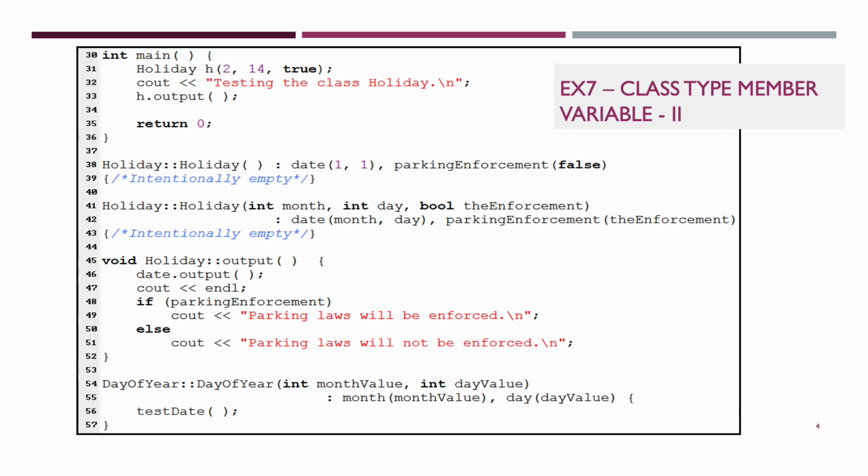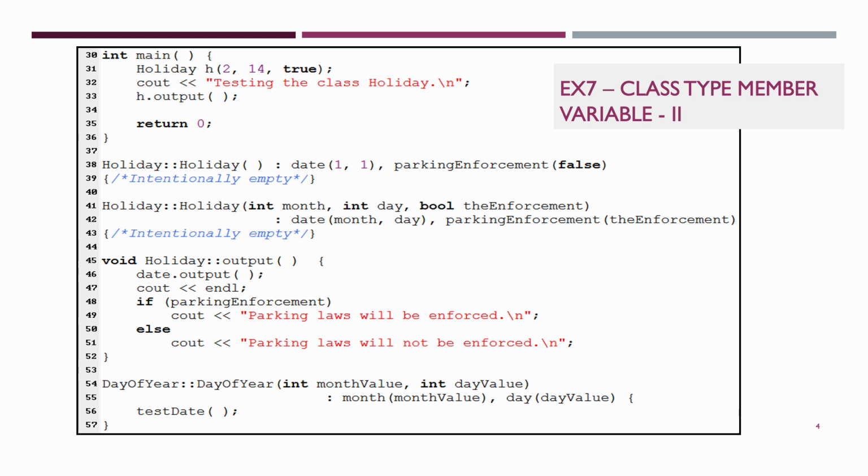Here in line 38, this constructor initializes a holiday to January 1st with parking enforcement turned off, which is false.